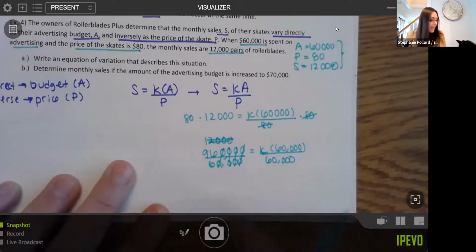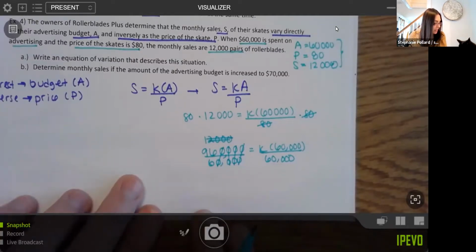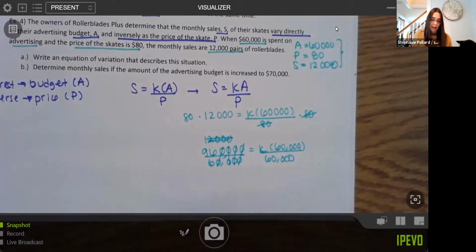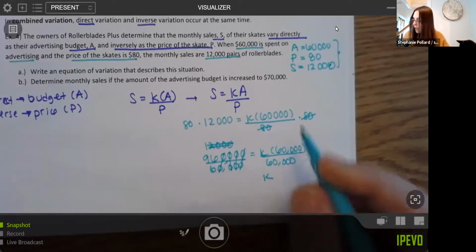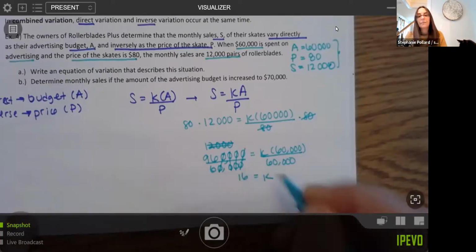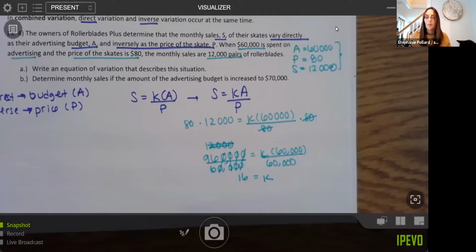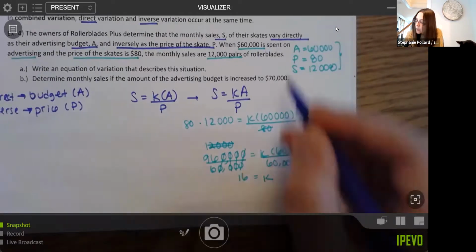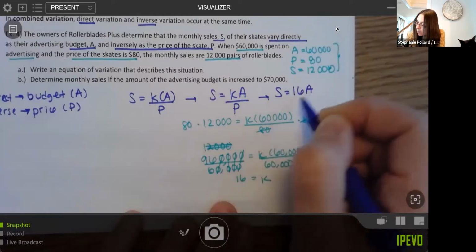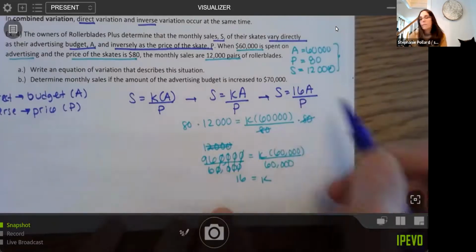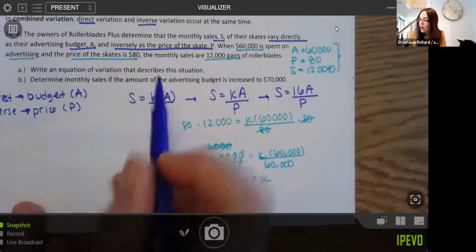So I'm really just looking at 96 divided by 6 in this case. And we should be getting 16 there. Let's double check. 96 divided by 6 is 16. So our K is equal to 16. So our actual formula then is going to be S equals 16A over P for price. So that's part A here. That is our equation.